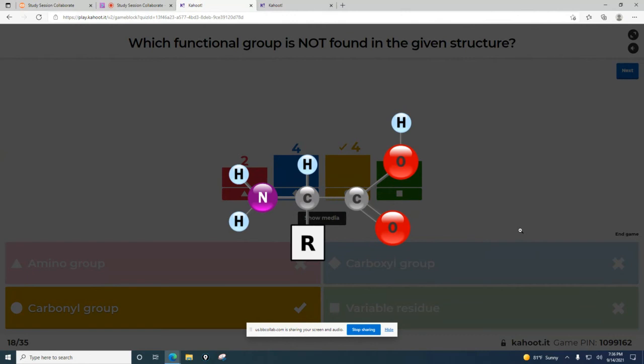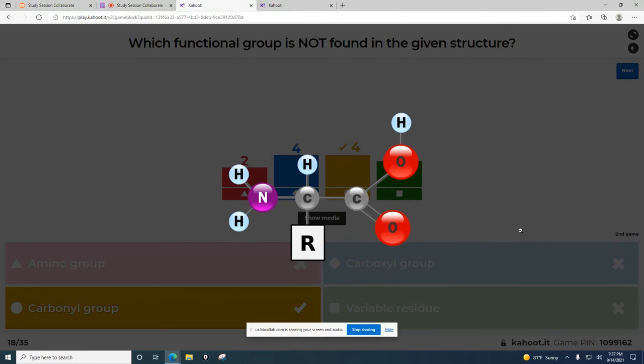carboxyl. If you have trouble with that one, because I know we talk about carboxyl and carbonyl: carbonyl is seen with carbohydrates, and it's basically a carbon double bonded to an oxygen, but instead of an OH, it's just a hydrogen. Carboxyl is this group.